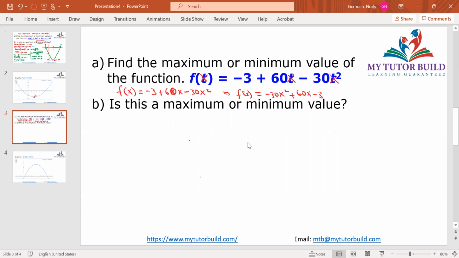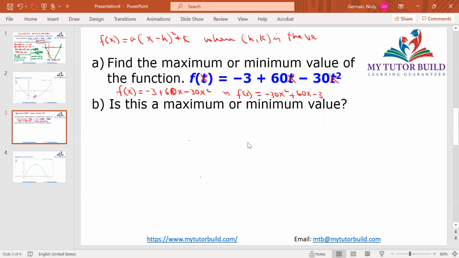What we need to do first of all is to use a graphing utility to graph the function f of x equal negative 30x squared plus 60x minus 3, or you can convert this function to the standard form, which is a times x minus h squared plus k, where h, k is the vertex.